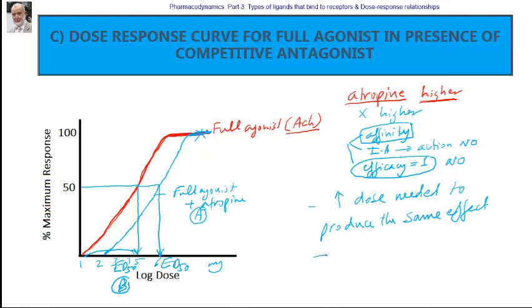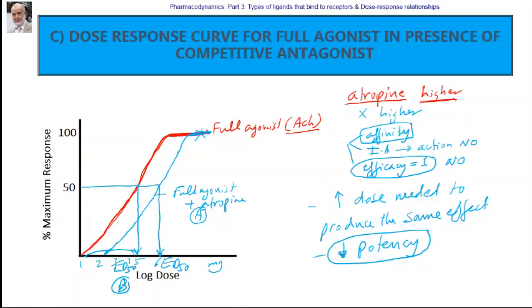That means a decrease in potency, because we needed more dose. When we talked about potency, we said potency reflects the dose. If the potency is high, the dose is less, and vice versa. In this case, we needed more dose, which means a decrease in potency.